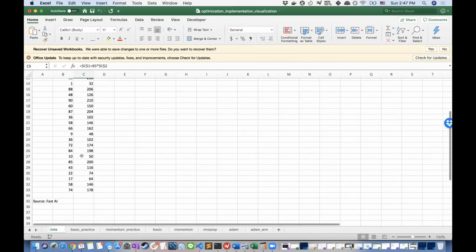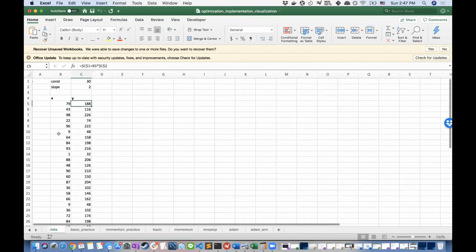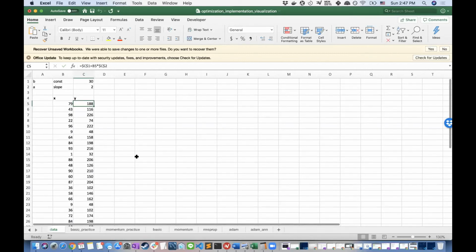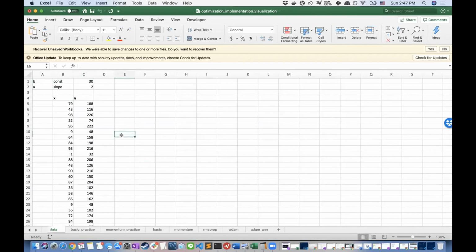So about 30 data points, and we were trying to estimate this function 2x plus 30. So a is 2, b is 30. Keep that in mind. That's the parameters.